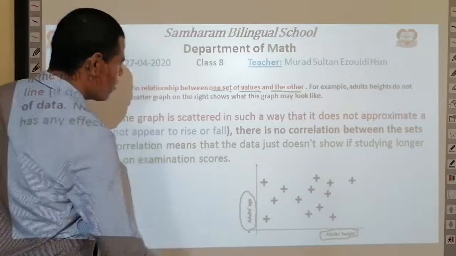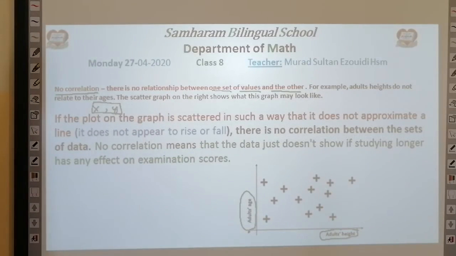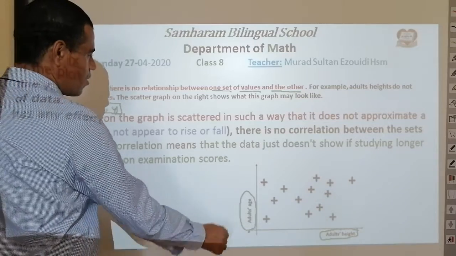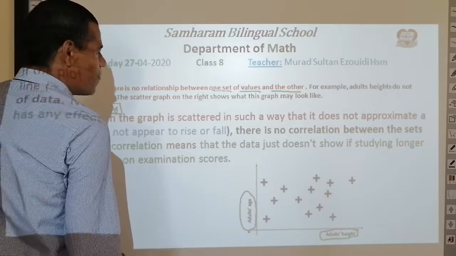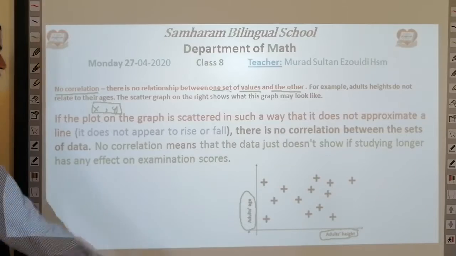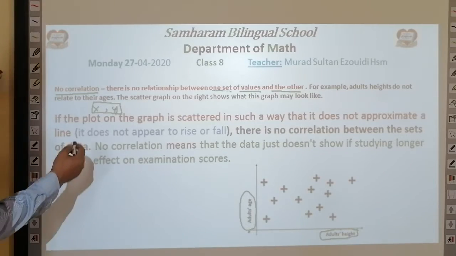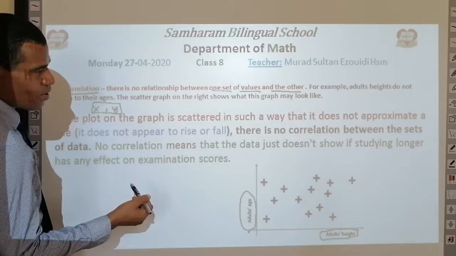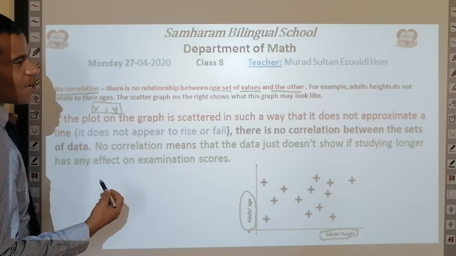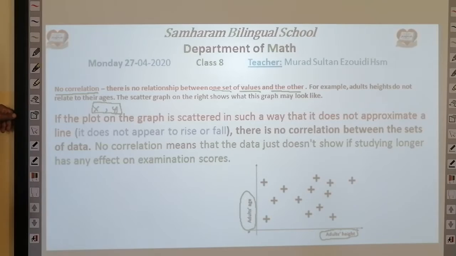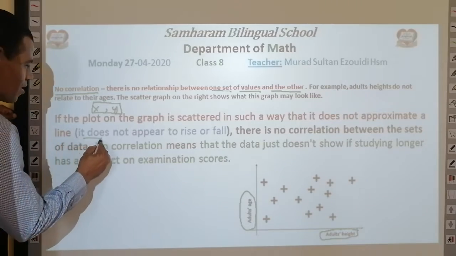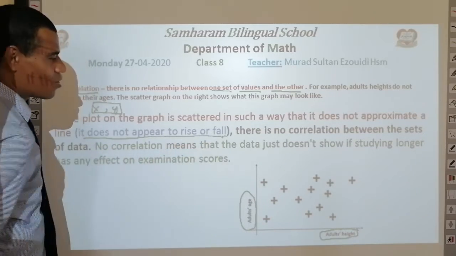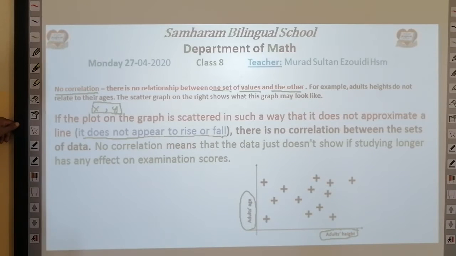So the scatter graph drawn below may look like this one. If the plot on the graph is scattered in such a way that it does not approximate a line, meaning it does not appear to rise or to fall, there is no correlation between the two sets of data.